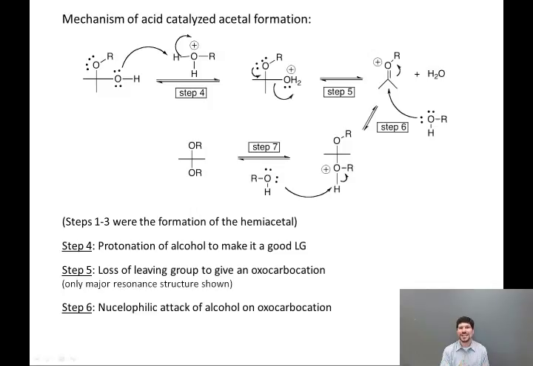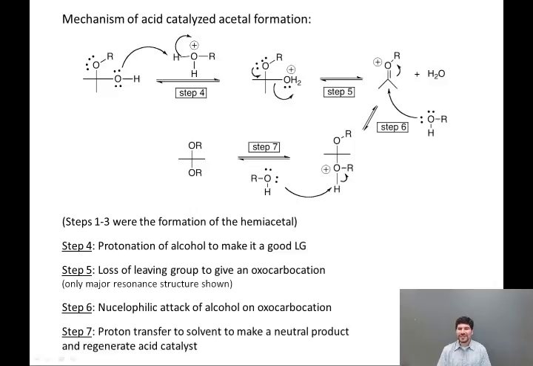And the alcohol can attack the protonated carbonyl. It can also attack, in this case, the methylated carbonyl. You break the CO pi bond and put those electrons onto the oxygen, all in the same step. Then finally, the last step, once again, is proton transfer to the solvent to make a neutral product and regenerate an acid catalyst.